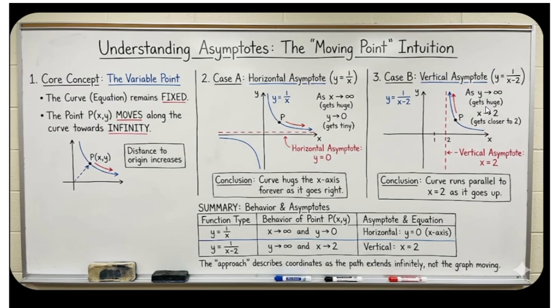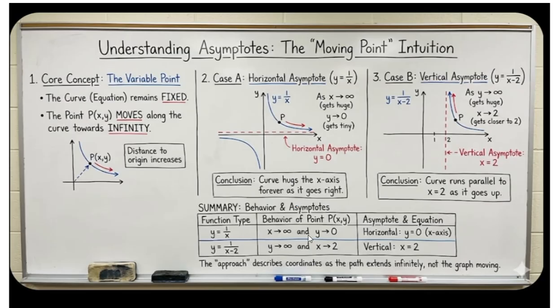In the reverse way, as x tends to infinity, y tends to 0, that is called a horizontal asymptote. Now as x tends to 2, the y value tends to infinity, which means x = 2 is a vertical asymptote.